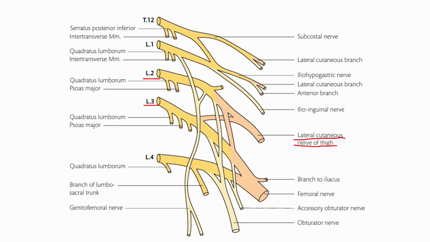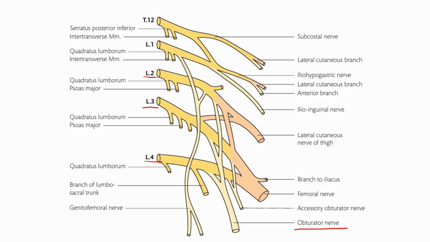From the dorsal divisions of L2, L3, and L4, there is the femoral nerve. From the ventral divisions of L2, L3, and L4 we have the obturator nerve.